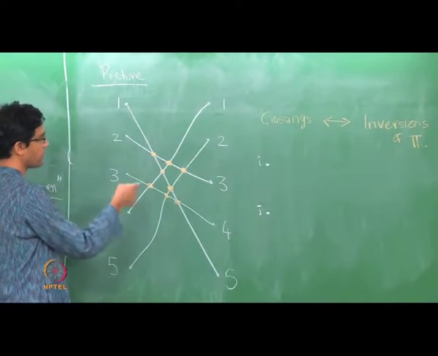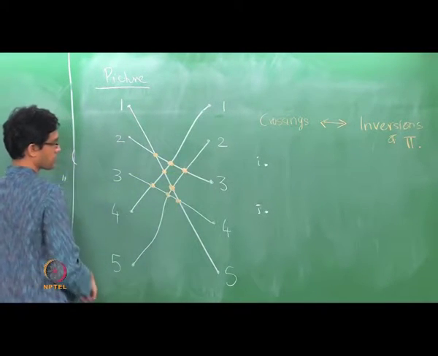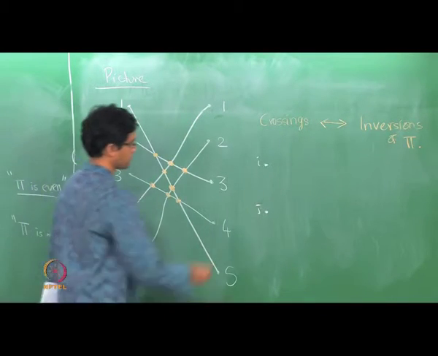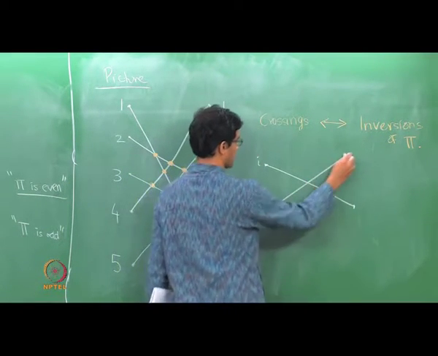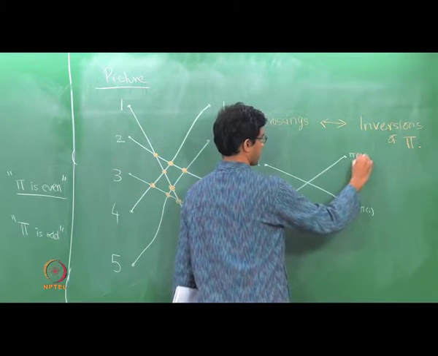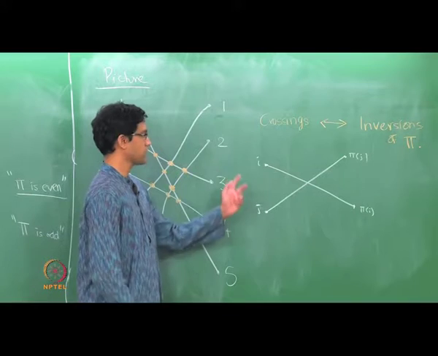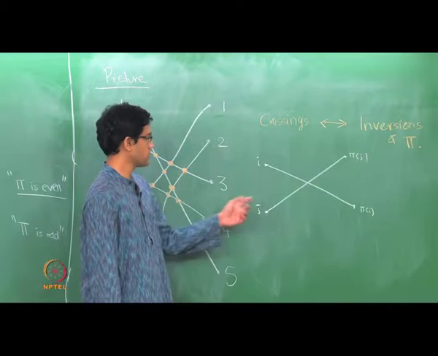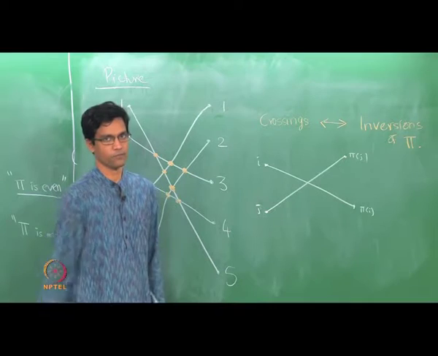But pi of i, what i maps to under the transformation pi, and pi of j, what j maps to, are in the opposite order. So if pi of i is something here, pi of j is going to be something smaller than that. This is exactly what an inversion means. So every time there is a pair i, j which gives you an inversion of pi, in this diagram it would give you a crossing. Those two lines would have to cross somewhere.